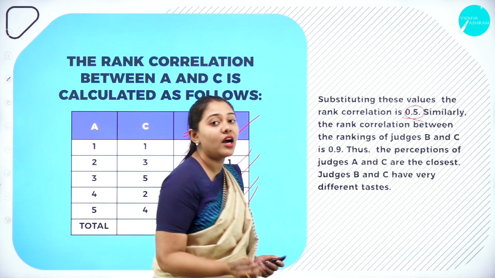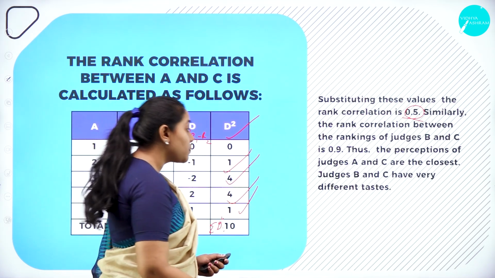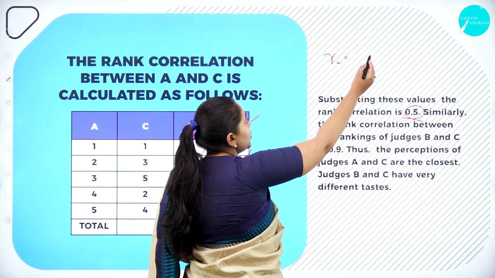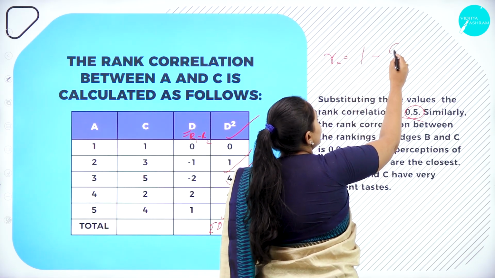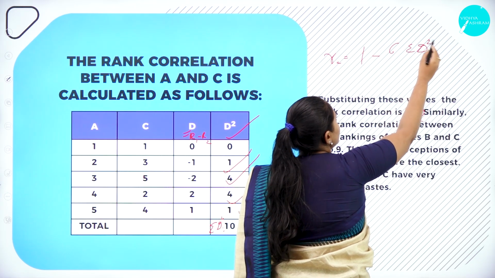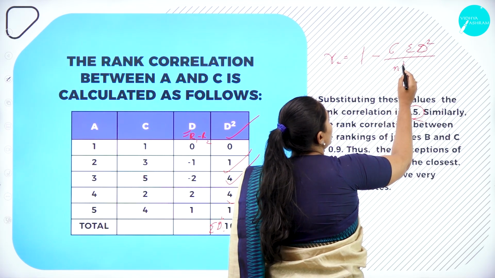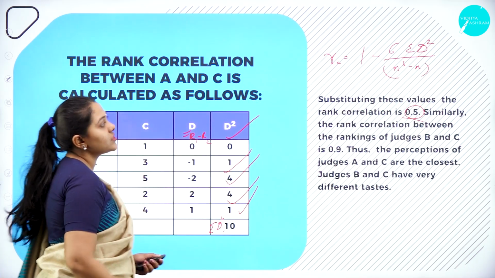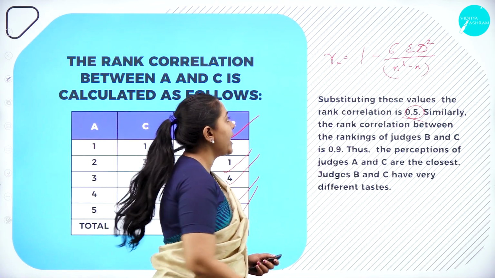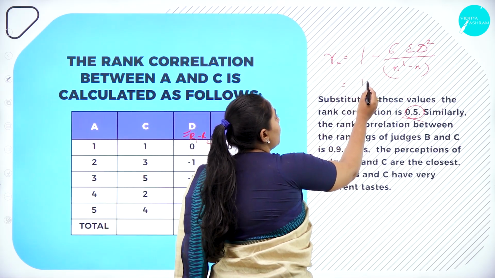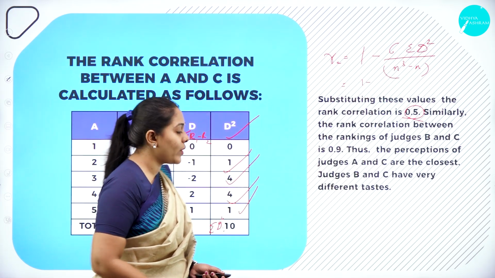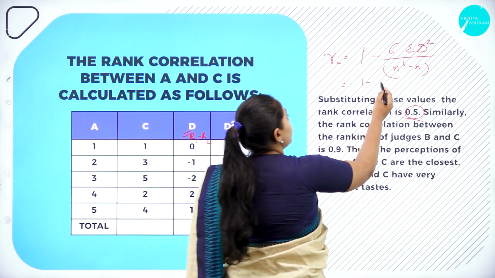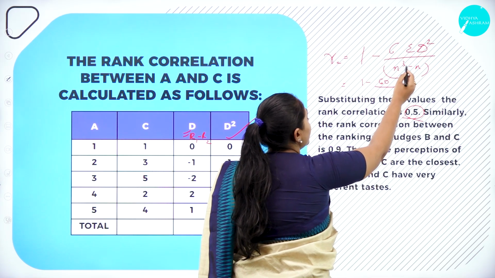So what is the formula to calculate the Spearman rank correlation? R is equal to 1 minus 6 sigma d square divided by n cube minus n. So what is the number of observations we have? 5 is the number of observations we have. So 1 minus, what is the d square we have? 10. 10 6s are 60, divided by n cube.